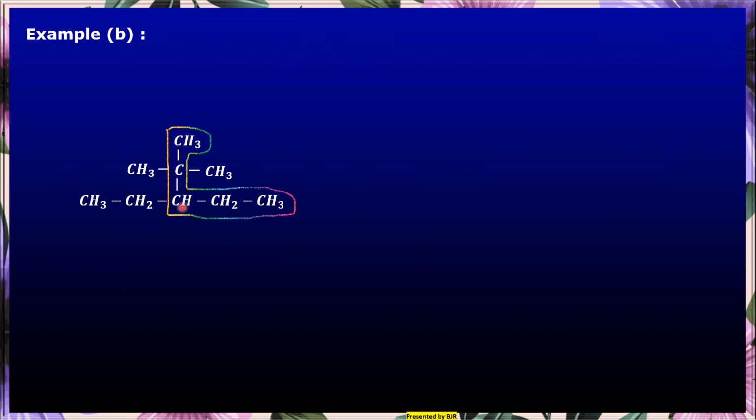So if I select this as the parent chain, 1, 2, 3, 4, 5 carbon atoms are there in this chain. If I select this as the parent chain, then the number of substituents is 1, 2, 3. So 3 substituents are there for this selection.